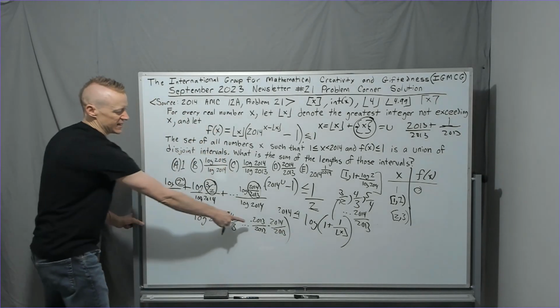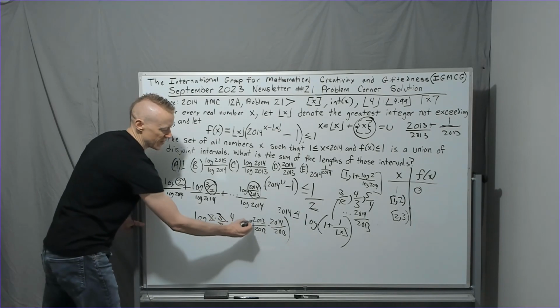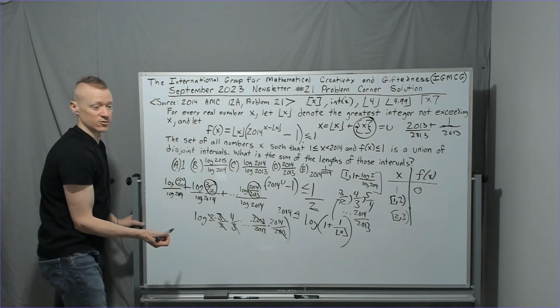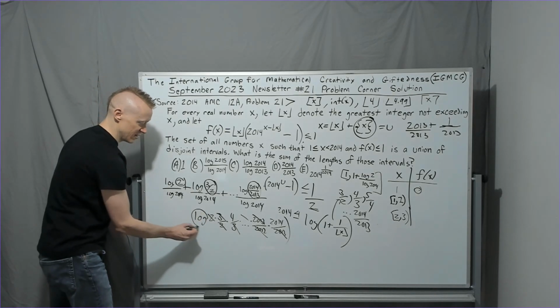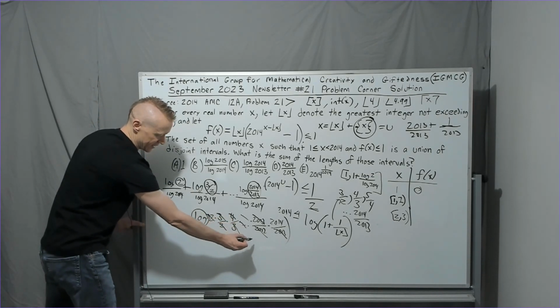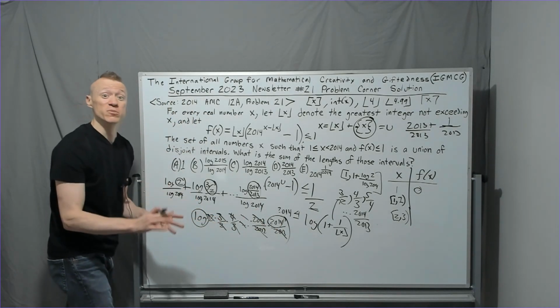The reason I added the extra term in front is I wanted to verify to myself that this is going to cancel that, and this one would have canceled in the previous term. So what we have left is the log, and the 4 would have canceled down here, and it's log of 2014. And that's in the numerator.